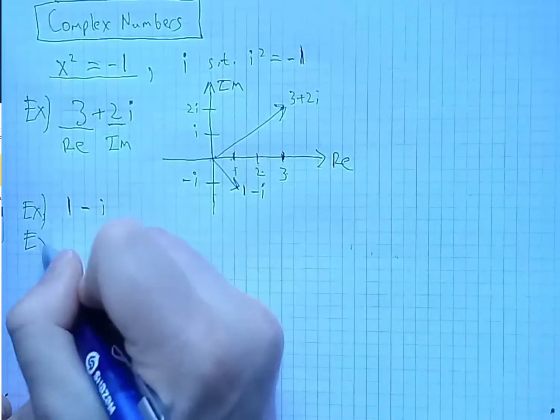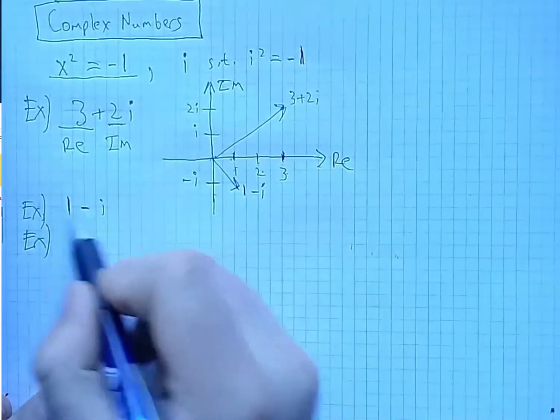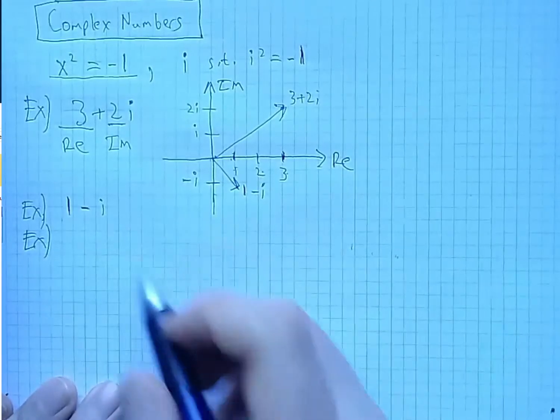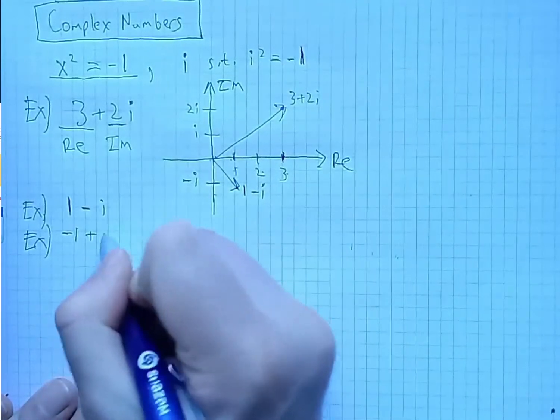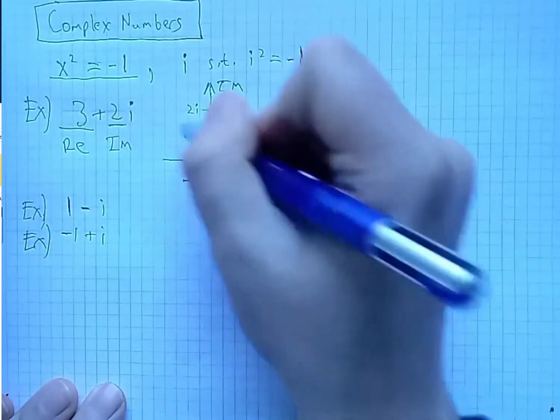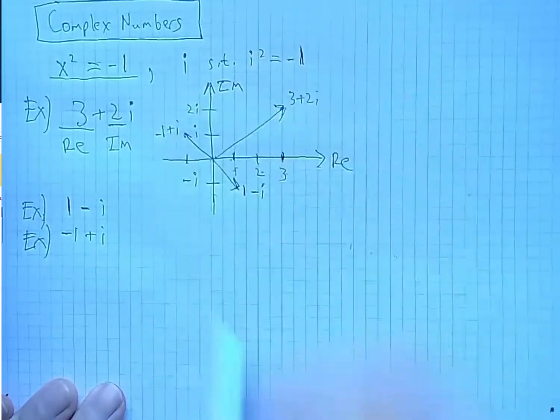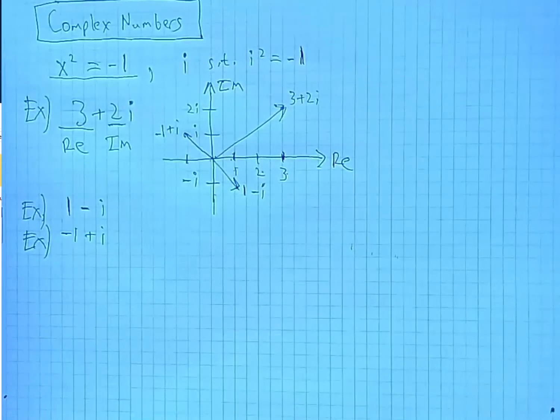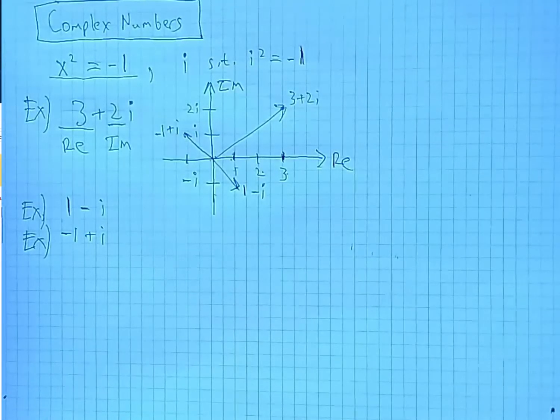And I could also have, if I negate this, then that's just like negating a vector, so that would be -1 plus i, which is this vector. So this is -1 plus i. So whoop-de-doo. So I created a new number system where I can actually think of the numbers as two-dimensional vectors instead of just points on the number line.